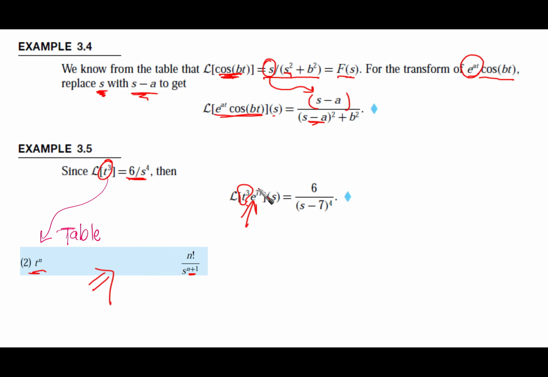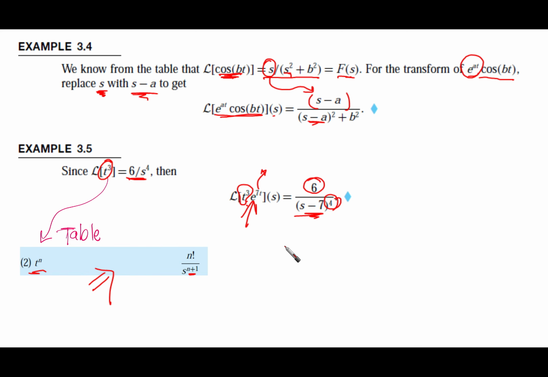So a here is 7, based on our definition. The transform of t to the power 3 times e to 7t equals 6 over (s minus 7) to the power 4. We just shifted the independent variable from s to s minus 7. Okay, you understand it? Okay.